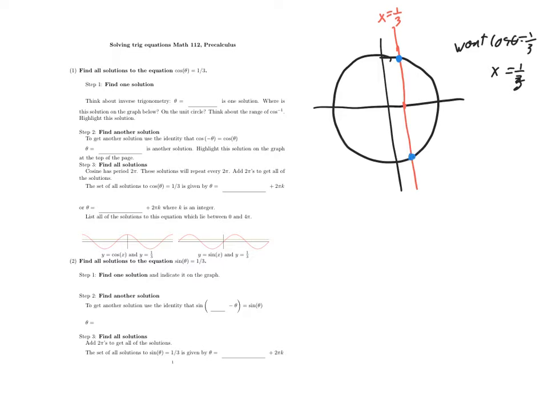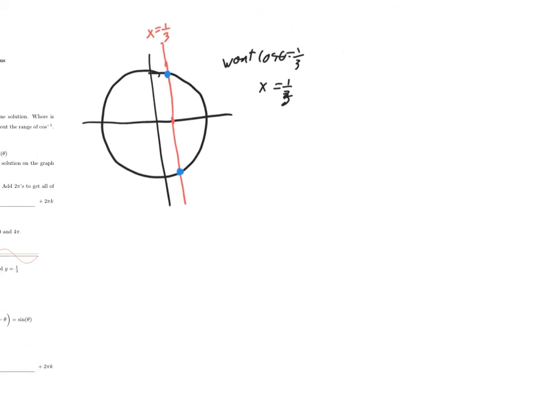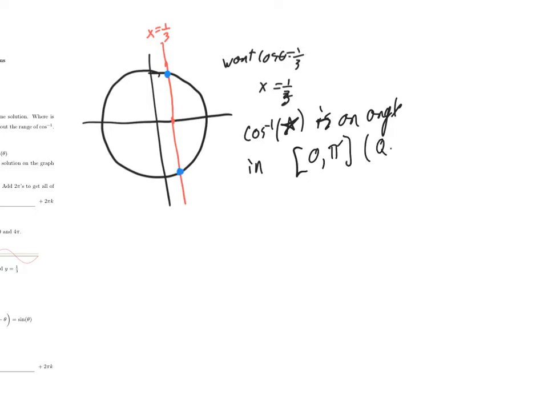Now you have a name for one of these. So let's remember inverse trigonometry. Cosine inverse of a number is an angle in 0 to pi, quadrant 1 or quadrant 2, with cosine of theta equal to that number.